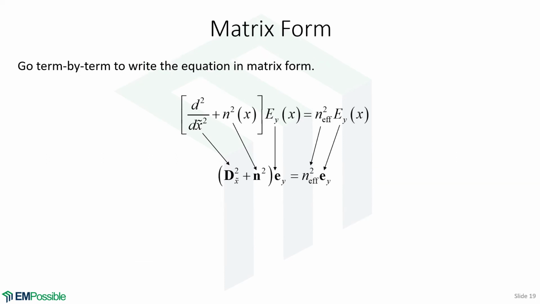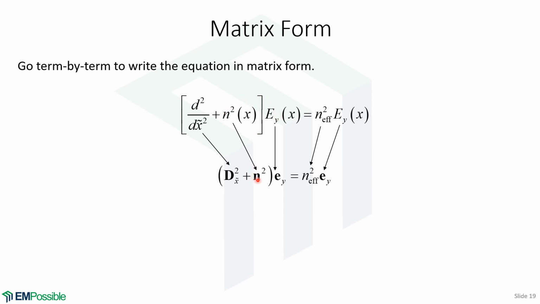We're going to put our differential equation into matrix form, and we'll do this going term by term, and we don't explicitly have to touch finite differences. We have a second order derivative, so we have a second order derivative matrix. We have our refractive index squared doing a point-by-point multiplication onto the electric field.